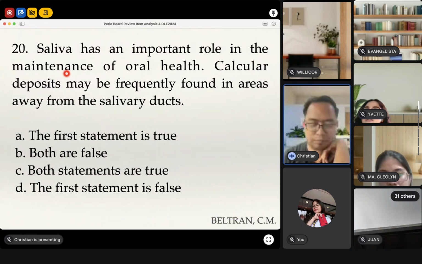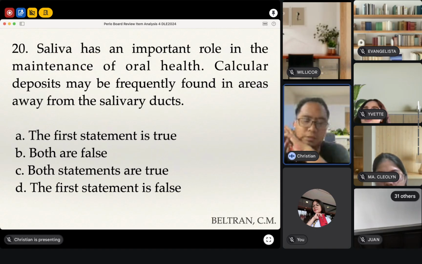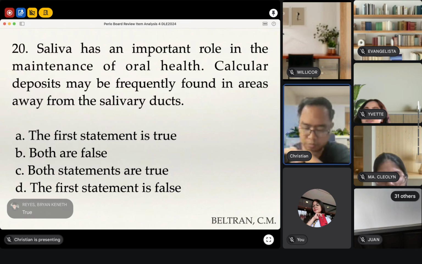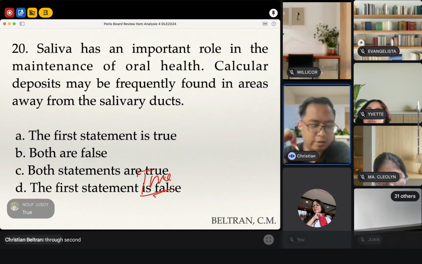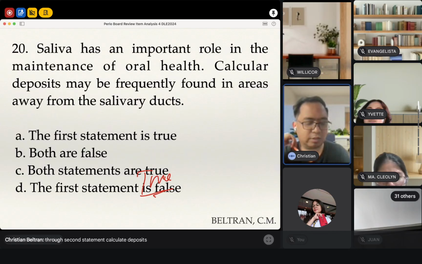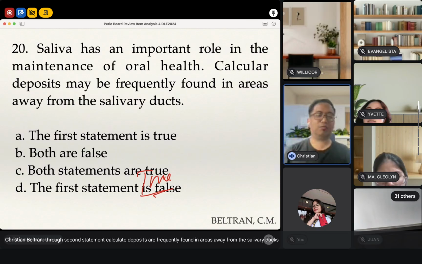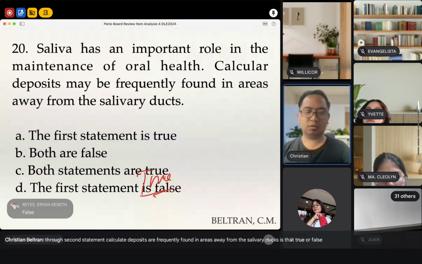Let's analyze. First statement, is it true or false? True. Second statement: calcareous deposits are frequently found in areas away from the salivary ducts. Is that true or false? False, someone said.